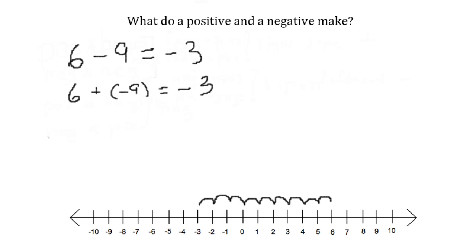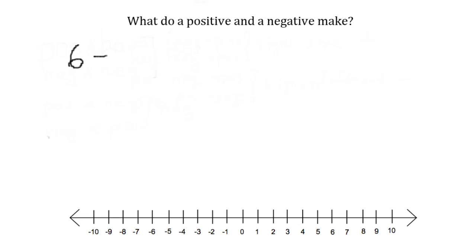So let's do it with an example where the signs are the same. So let's say we had negative 4 minus 5.